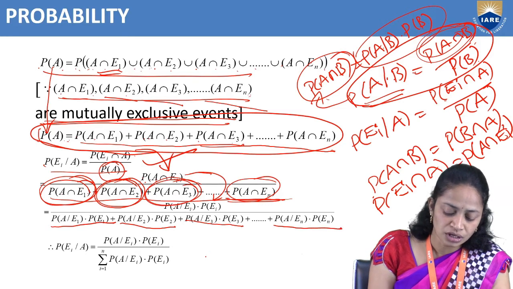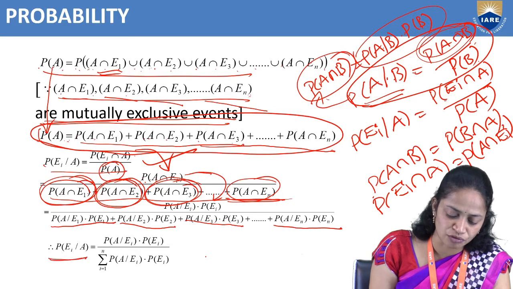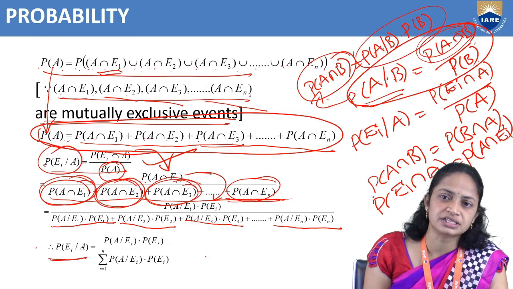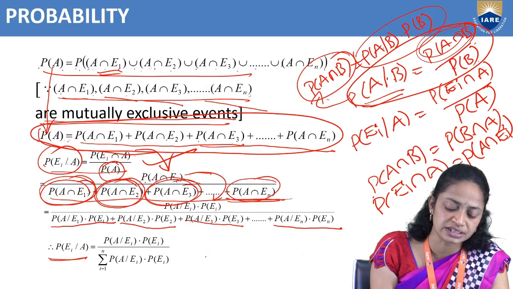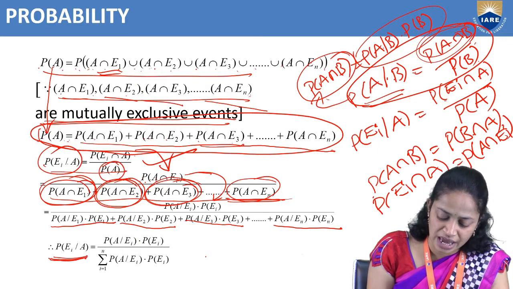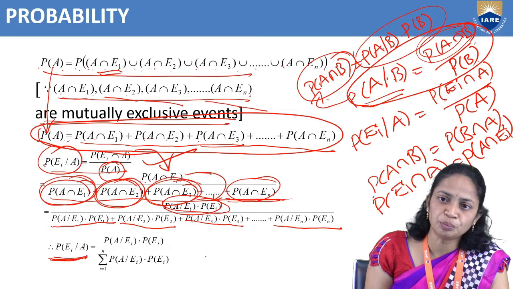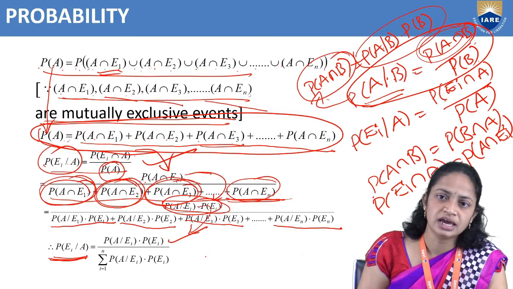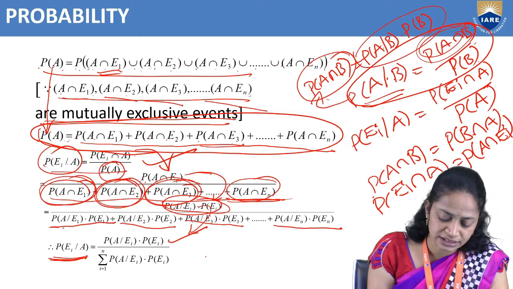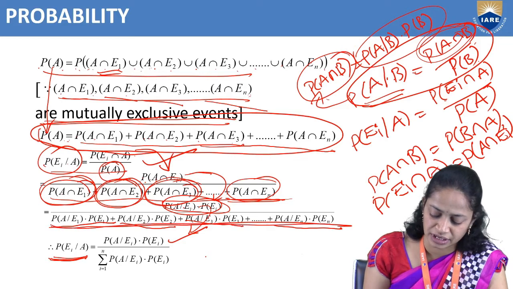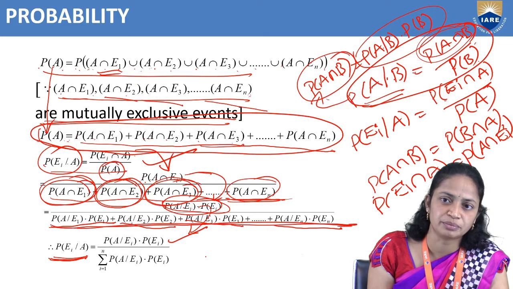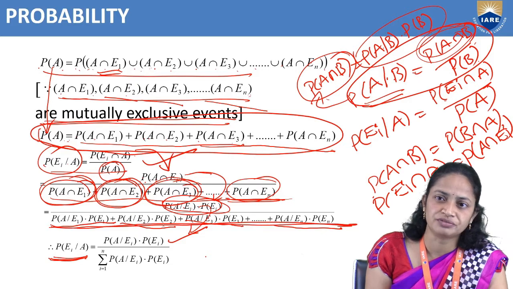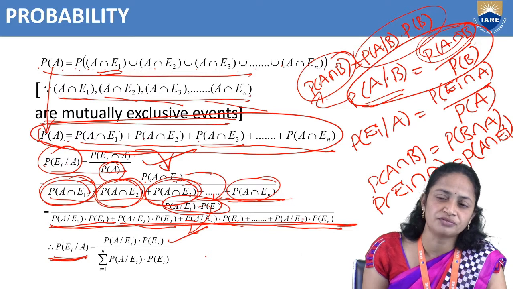Therefore P of Ei given A equals P of A given Ei times P of Ei, divided by P of A given E1 times P of E1 plus P of A given E2 times P of E2 plus P of A given E3 times P of E3 plus, and so on, P of A given En times P of En.